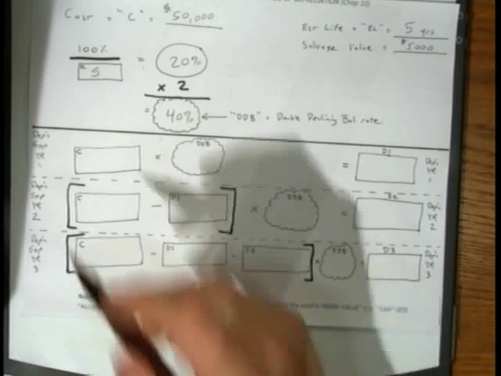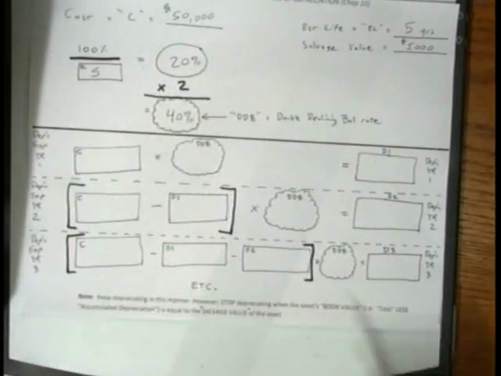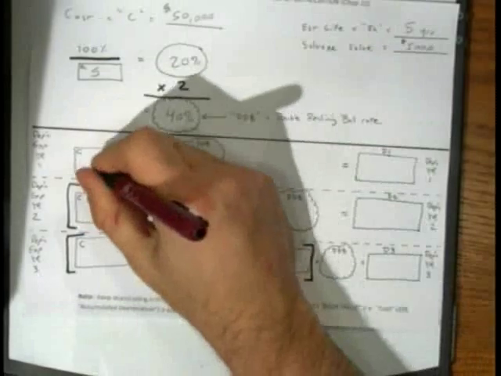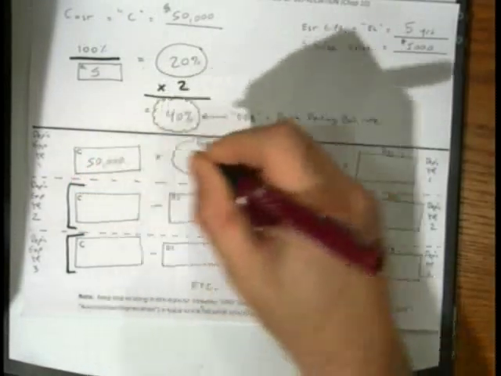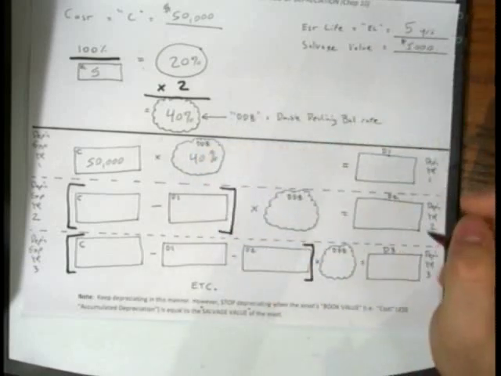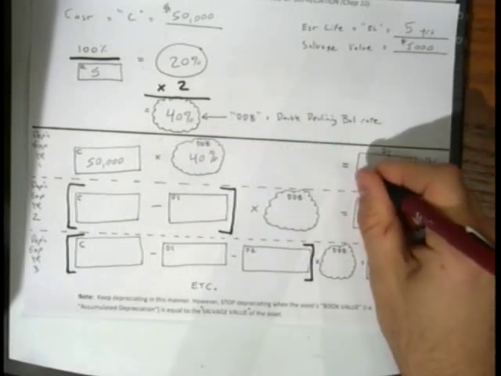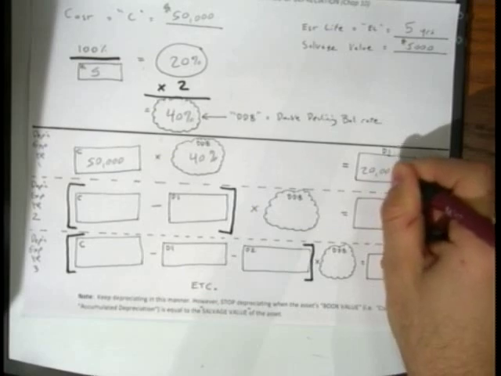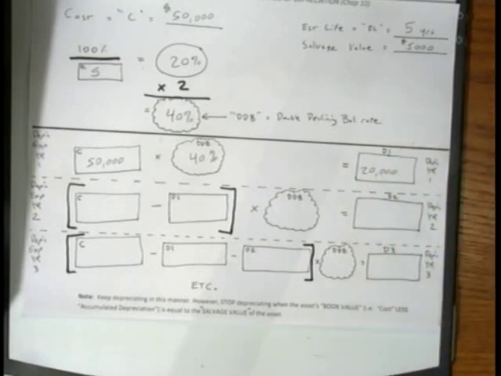So, depreciation expense for year 1, we take C, the cost of $50,000, times the double declining balance rate of 40%, and that gives us $20,000. That's the amount of depreciation for year 1. And we just did that on the screen, didn't we? What about year 2?